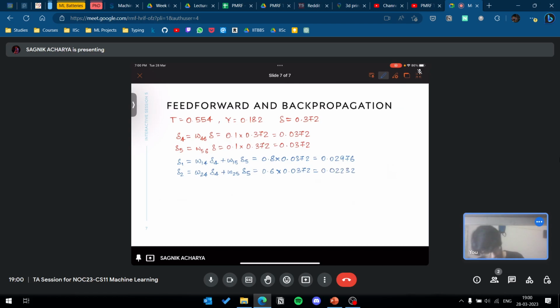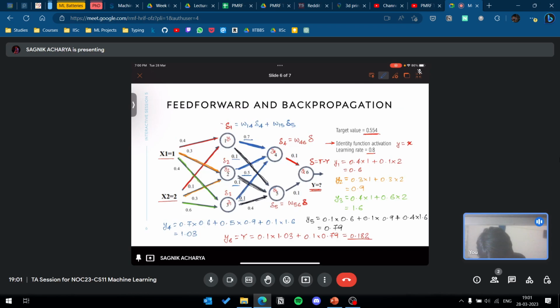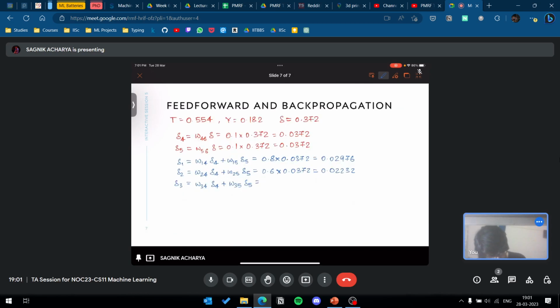So this is equal to 0.02232, and delta 3 is equal to W34 delta 4 plus W35 delta 5. The two weights in this case are 0.1 and 0.4, right? So 0.1 plus 0.4 is 0.5.